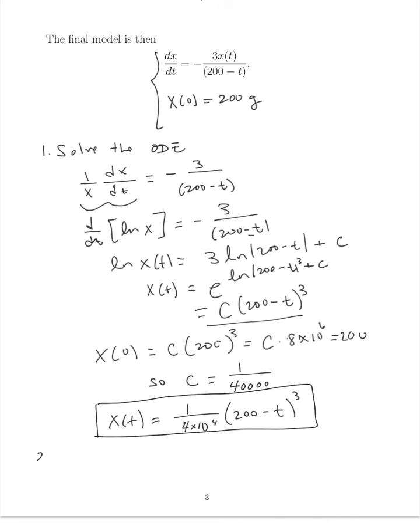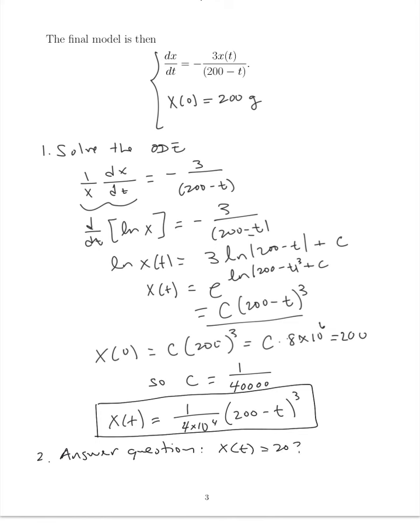So now we can answer the question, which was when is the final amount going to be 10% of the original amount? So we're looking for x of t equal to 20.